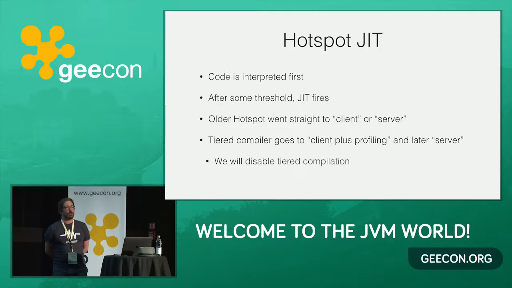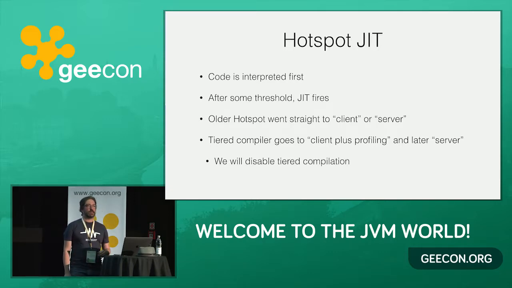These days we have what's called a tiered compiler in HotSpot, and in most of the other JVMs, in fact. So the tiered compiler has a few extra levels. It has what's called tier 2 or 3, that basically is the client compiler, the fast starting compiler, but still leaves a little bit of profiling hooks in there. So we can get to native code, but then make better native code in the future, still doing that profiling step.